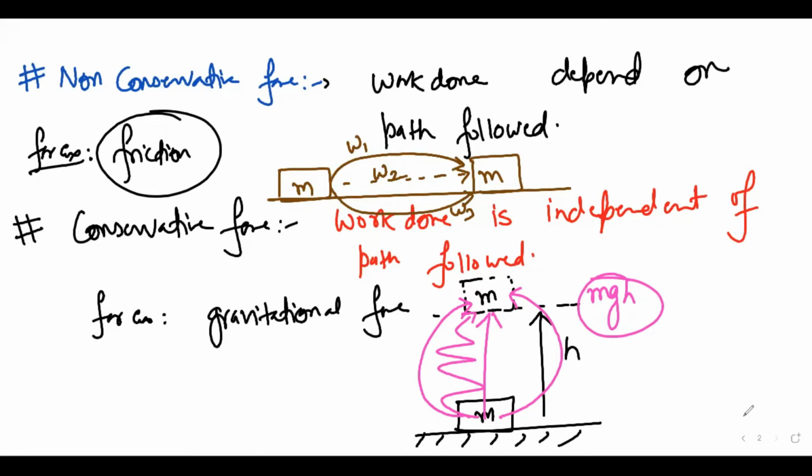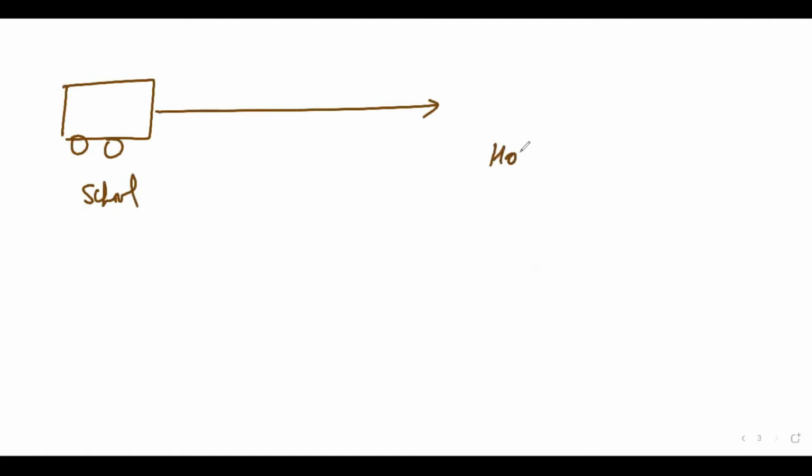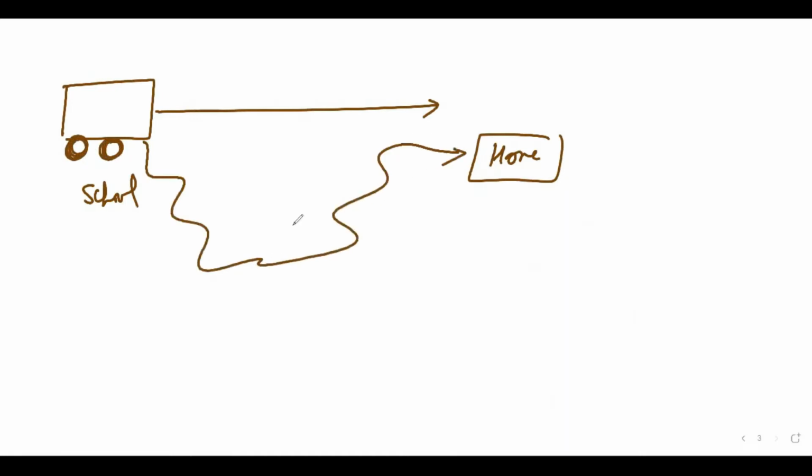It is just like, if your car travels some distance, if you go from your school to your home directly, the work done on your tires will be different than if you go in zigzag manner, or another way.